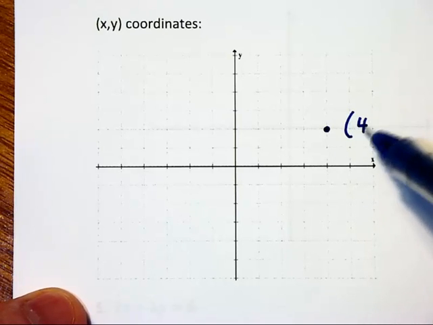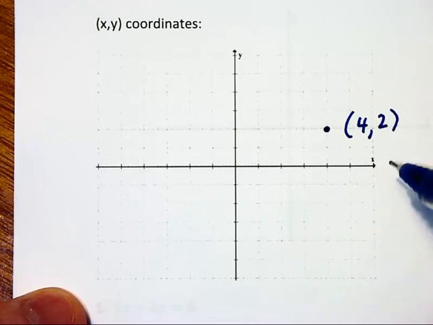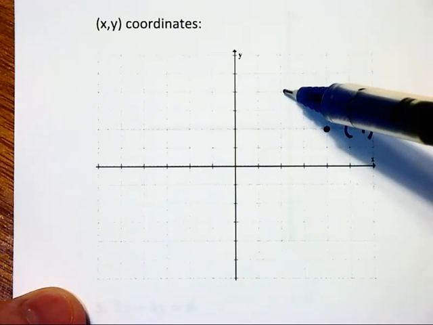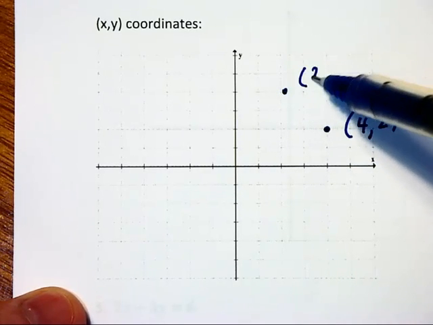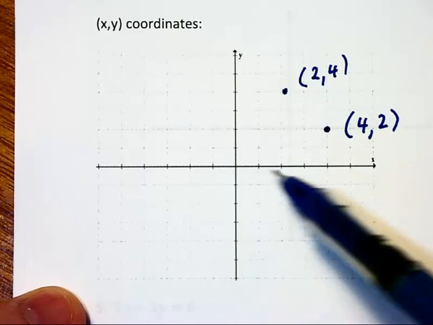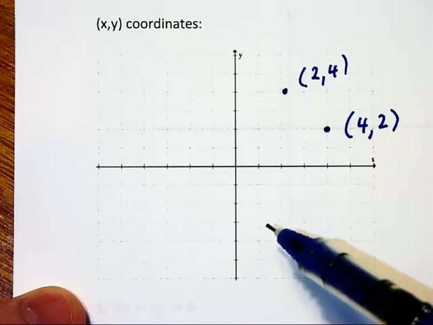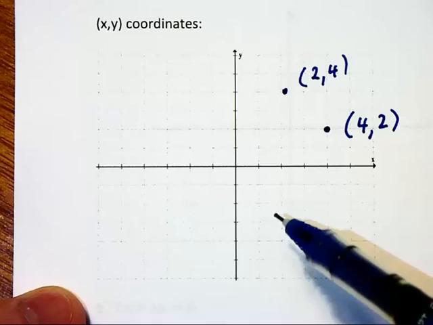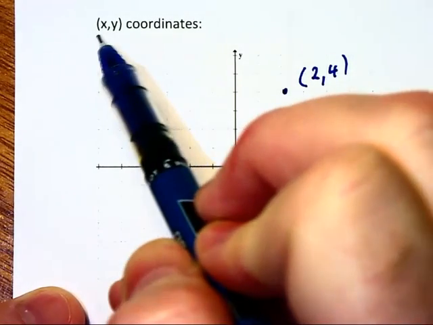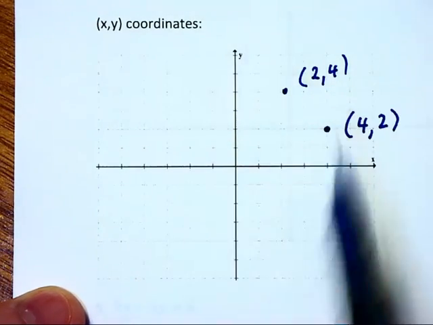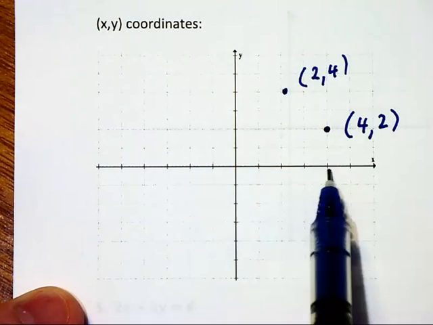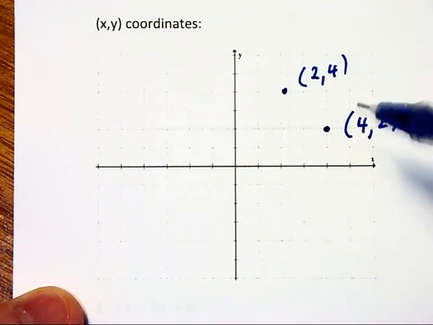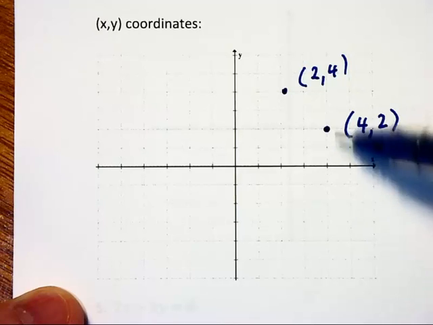This would be the point (4, 2), not to be confused with the point (2, 4), which is 2 units to the right and then 4 units up. Every time we plot a point, it's always of the form (x, y). The first number tells you how far to go left or right. The second number tells you how far to go up or down.